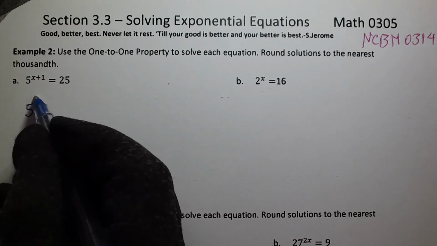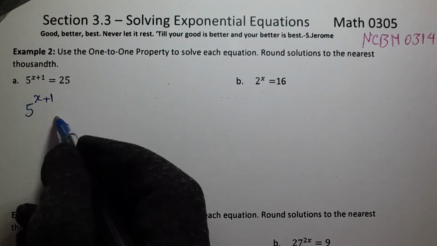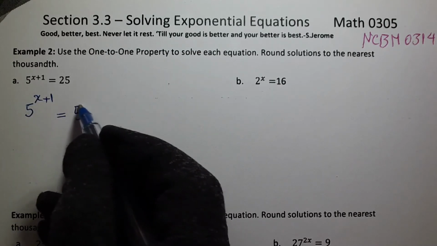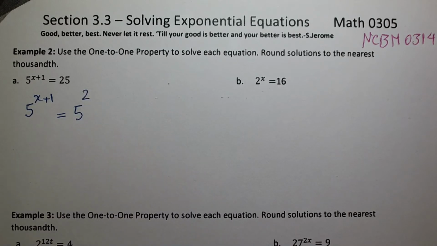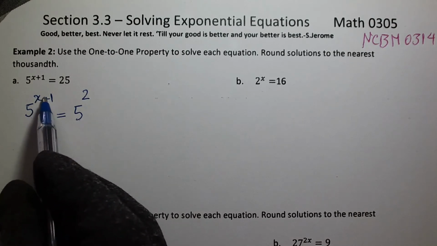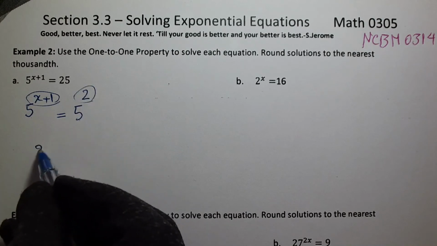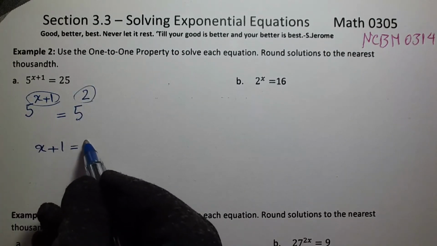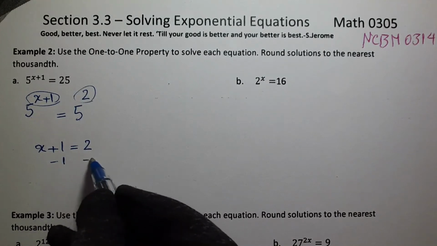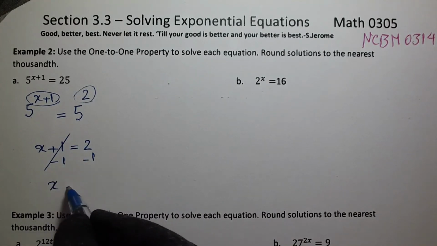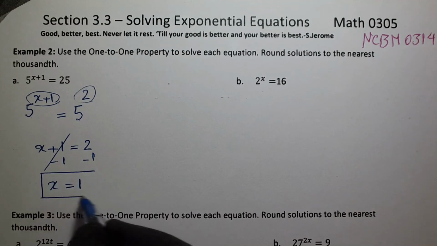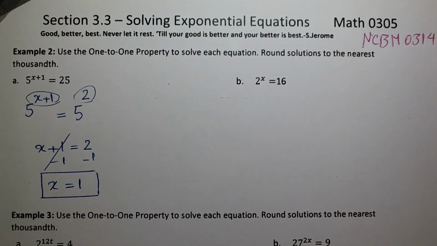So the left side is 5 to the power of x plus 1, and the right side is 5 to the power of 2. Now we can use the one-to-one property. Bases are the same, so the exponents, x plus 1 and 2, must be the same. We have a linear equation. Solving this linear equation, we find 1 as the solution. You see here we don't have any decimal.